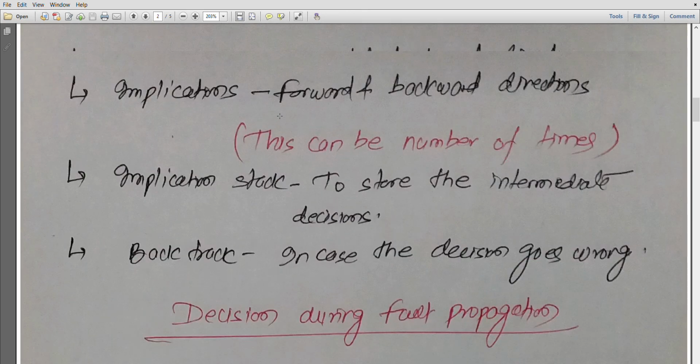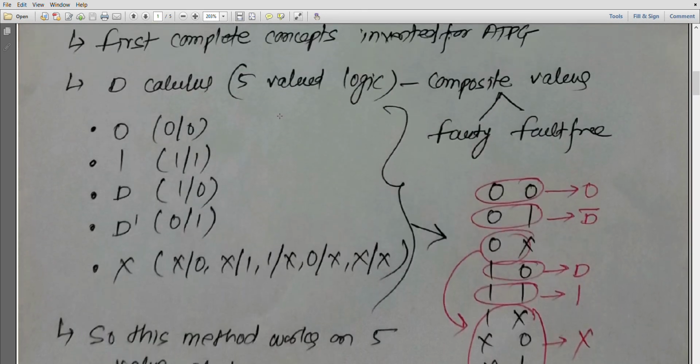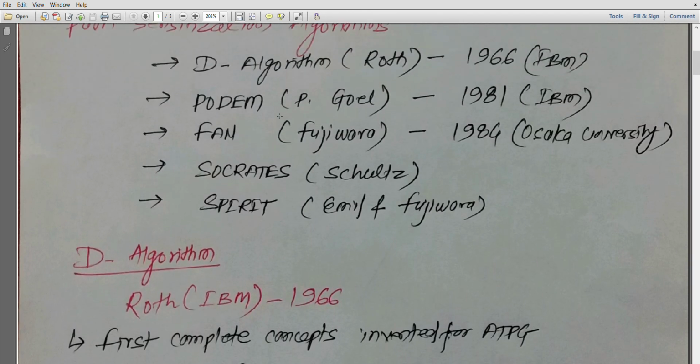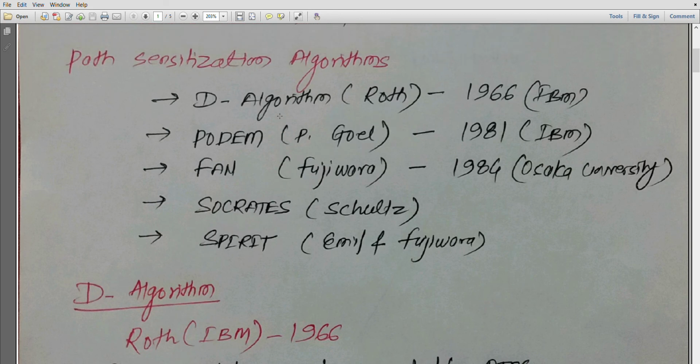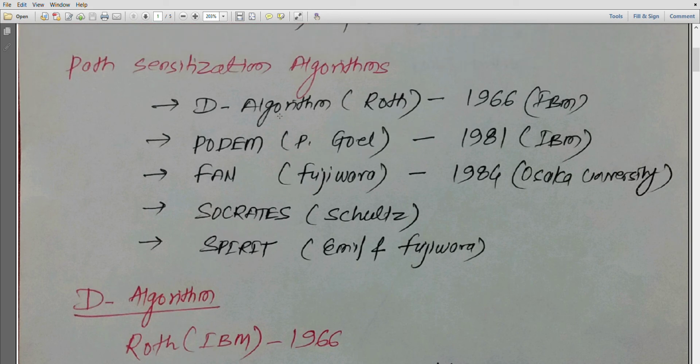The other two algorithms, PODEM and FAN, you can see the details of on the internet as well, and there is not much difference in that. The advancement of the D algorithm is done in PODEM, and some advancement is done in FAN, in order to further automate the test.